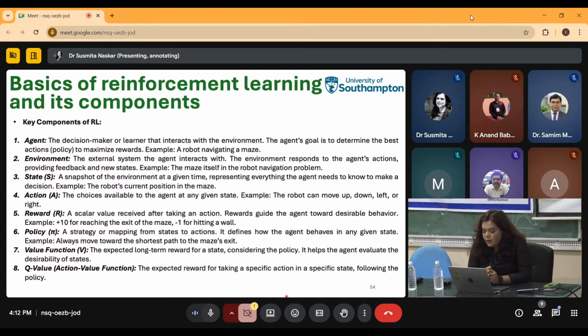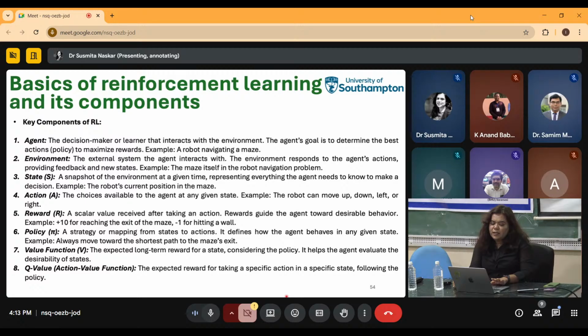This helps the agent choose the best possible action, the best path to get the maximum reward. That's what the Q value does. It is also called the action value function, right?